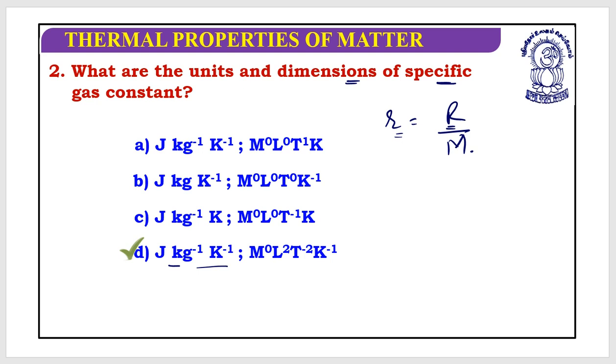So it would be joule per kg into Kelvin, or M0 L2 T minus 2 K minus 1. I hope this is clear. Yes, we are going to see this specific gas constant in more detail when we discuss the kinetic theory of gases, our next unit.